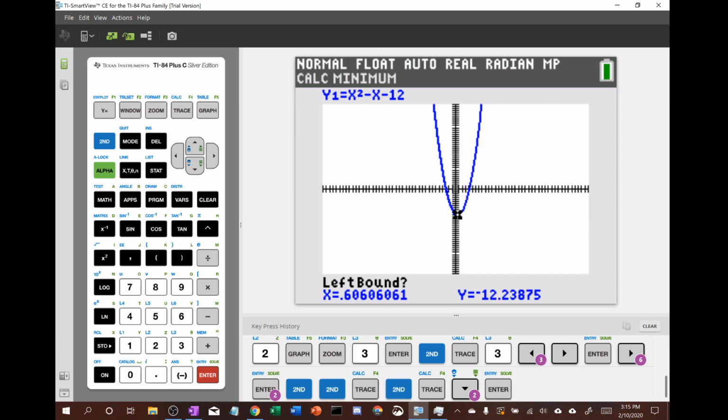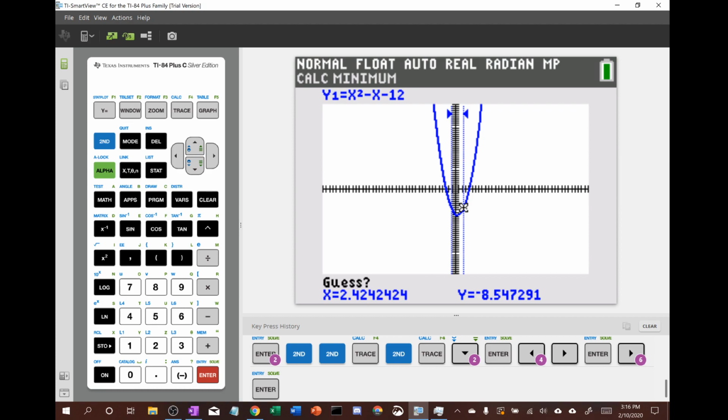No, hold on. I'm just going to answer Armani's question real quick. So Armani, you need to bracket your left and right bound better. You want to put the left bound definitely over to the left of where the bottom of the hoop is and hit enter. And then for your right bound, hit that right arrow key until it is definitely over on the other side of the bottom of that hoop. Hit enter. And now it'll guess it.